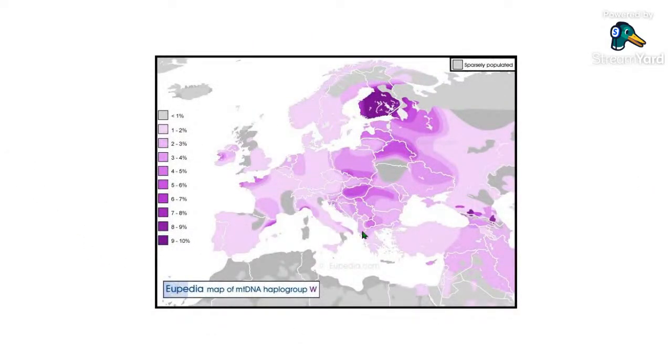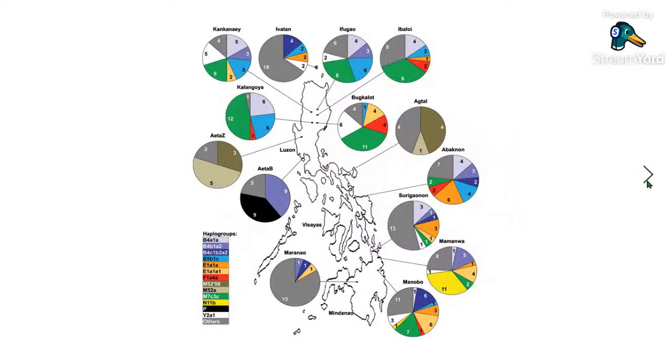It got me started. Okay, here's W. This is a maternal line W that's also up in this area of the Medes, which could be checked out.